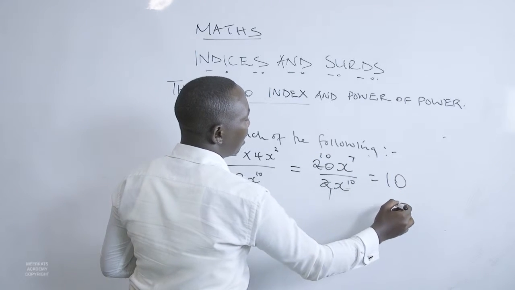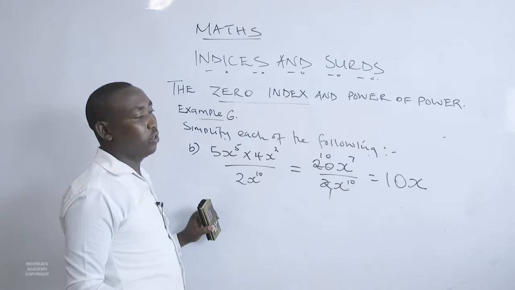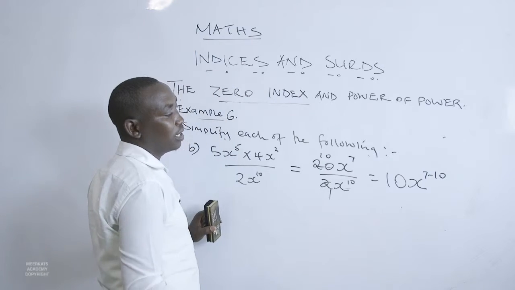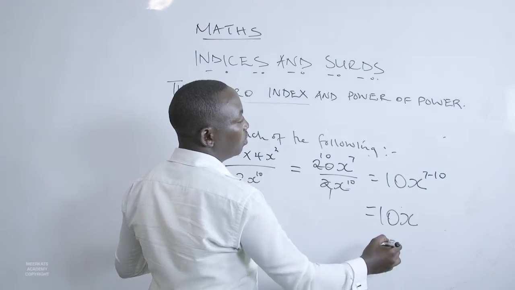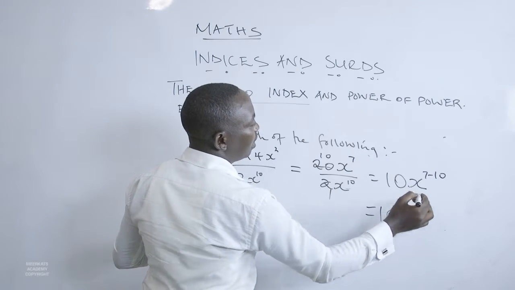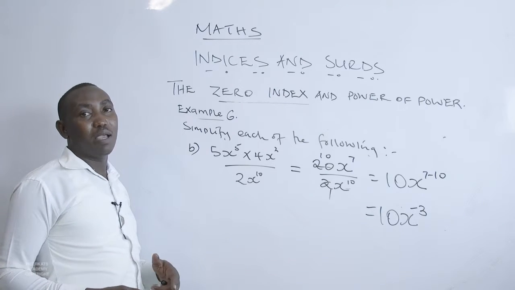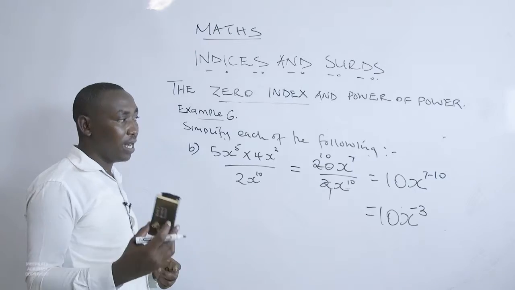So this shall be 10x. Then because of the division, we'll use the division rule, where we now take 7 subtract 10. This will leave us with 10x raised to 7 minus 10, which is negative 3. Notice that whenever you are subtracting a bigger value from a smaller value, the result will always be negative.